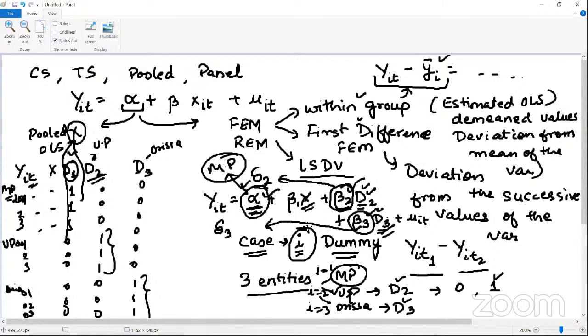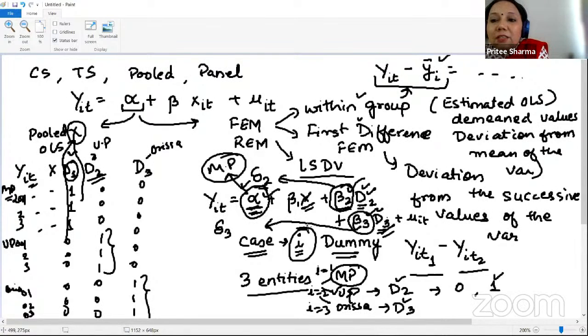Ma'am, if we create dummy variables for all three states and alpha is also there, then it will not show the correct true picture. That's why we create one less dummy for all entities. Actually, it will not just show an error, the regression will not run. I mean, the analysis will not run. Why?